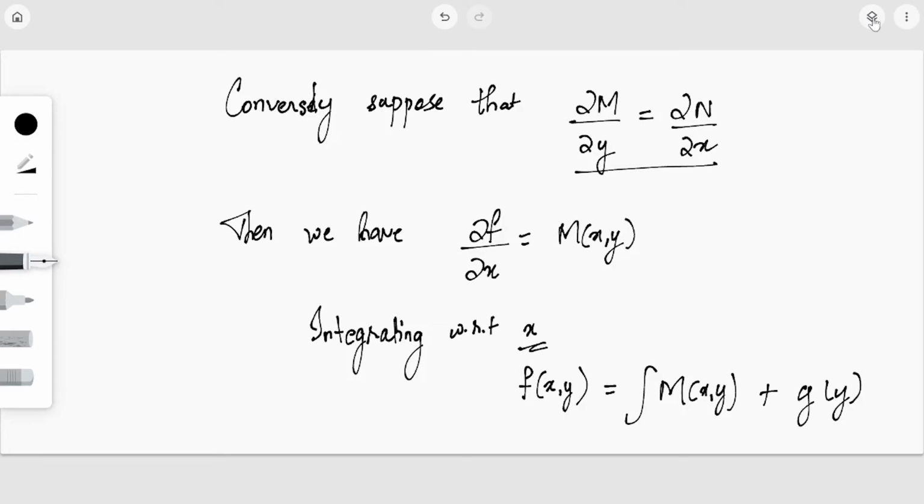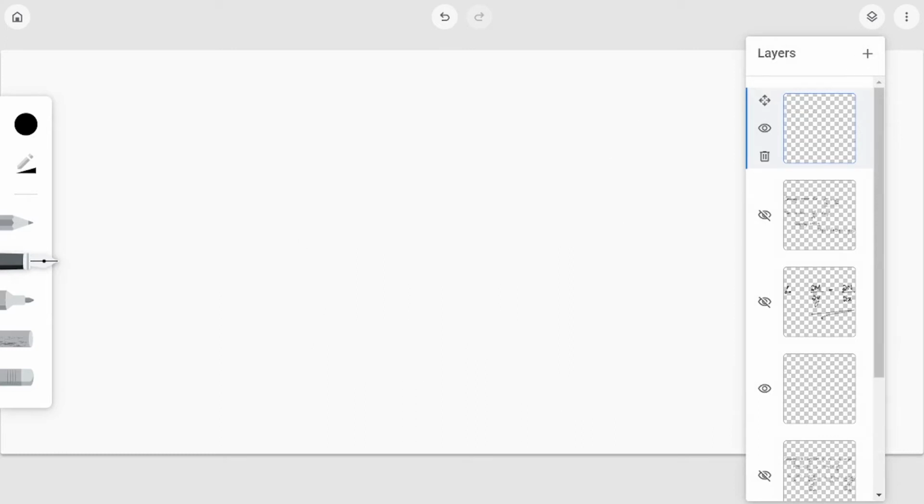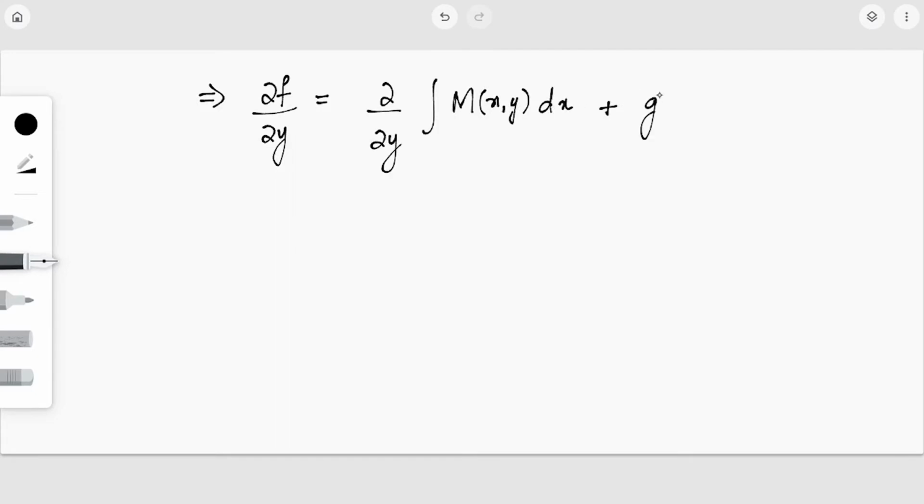Now I'll partially differentiate this expression with respect to y. So this implies ∂f/∂y will be nothing but ∂/∂y of the integral of m of xy dx, plus, differentiating with respect to y, g of y will be g dash of y. Now as we have assumed that ∂m/∂y is equal to ∂n/∂x, this ∂f/∂y is nothing but n of xy.